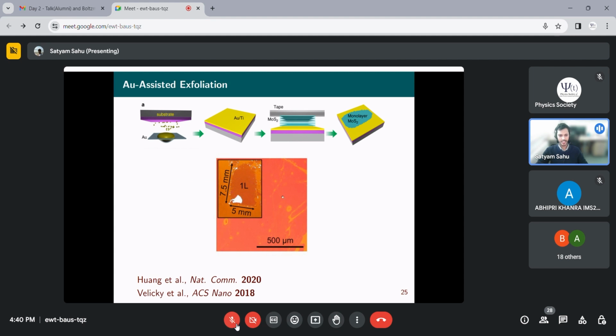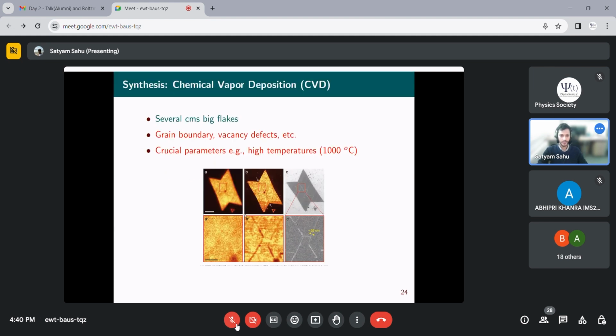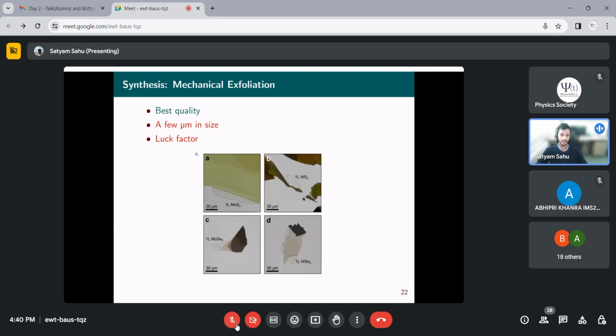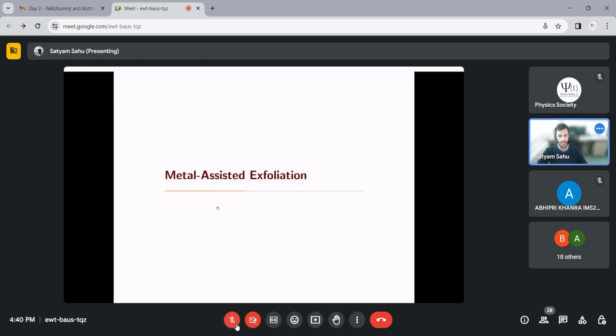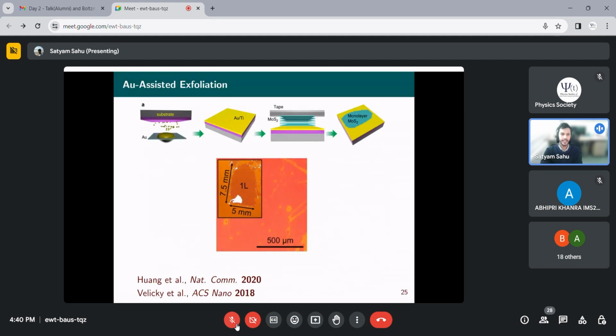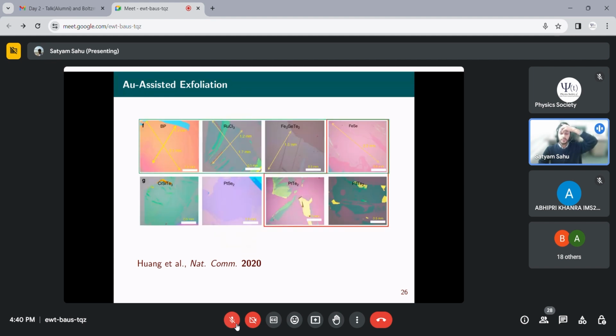If you see the bottom panel, you actually have a monolayer flake of roughly 7.5 by 5 millimeters, which is much bigger than what we observed for mechanical exfoliation, which was several microns. That's why this technique is important, and my supervisor was one of the first to identify this technique.